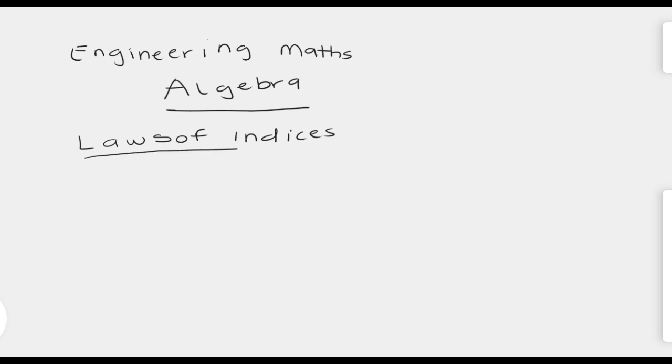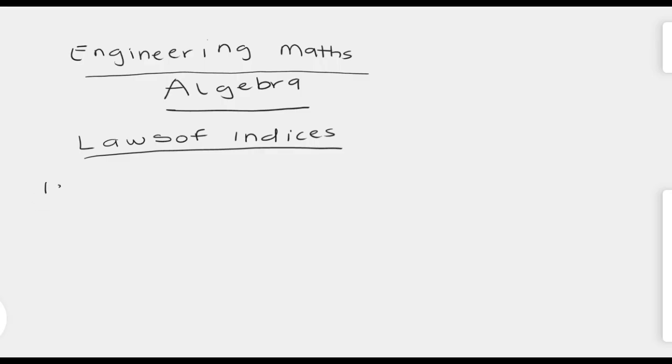Or will I say the laws of indices, because there are more than one. So first of all, before we go into the laws of indices, there's something I want you to understand here. What is an index?